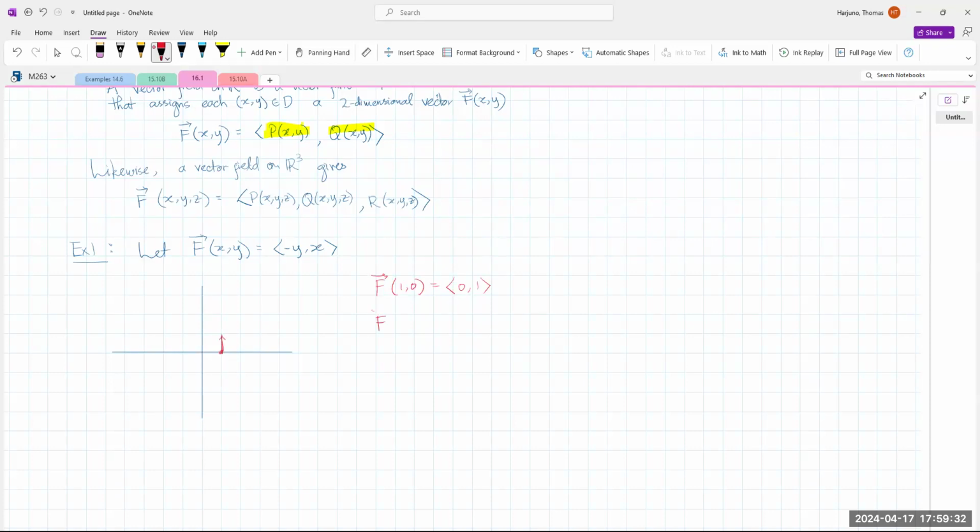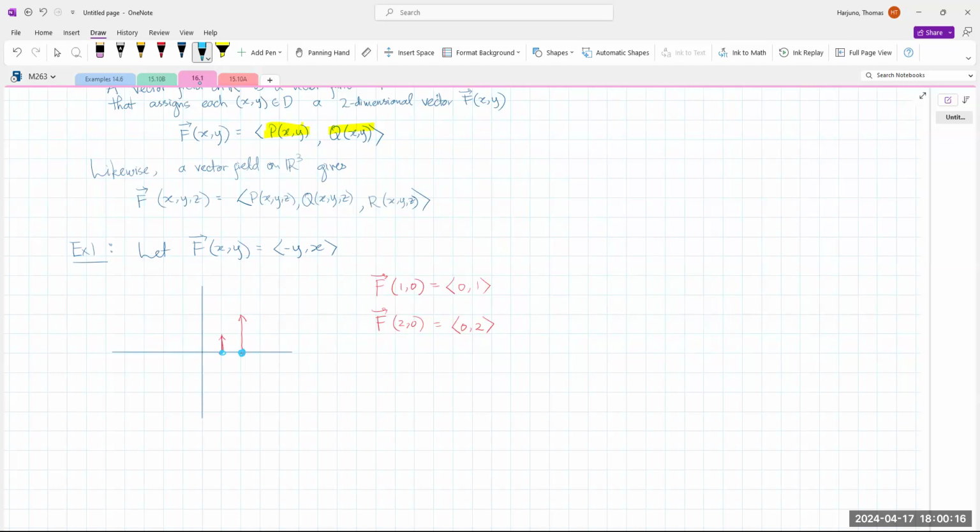At (2, 0), the corresponding vector there is (0, 2). Imagine if this is like a force, then suppose Thomas is standing here, then Thomas will be pushed stronger to the north direction compared to if Thomas standing here. The force that Thomas experienced at (2, 0) is twice more than the force that Thomas experienced at (1, 0).